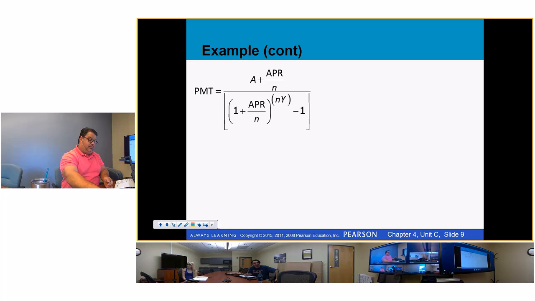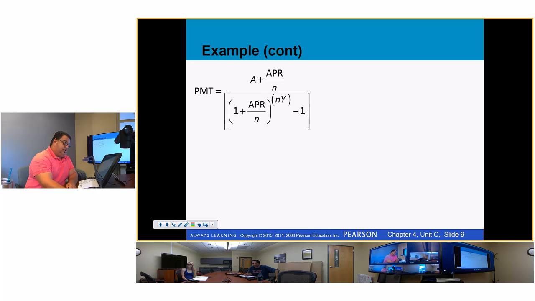Y'all tell me wrong things. So, payment is equal to A times R over N, all over 1 plus R over N raised to the NT power minus 1.